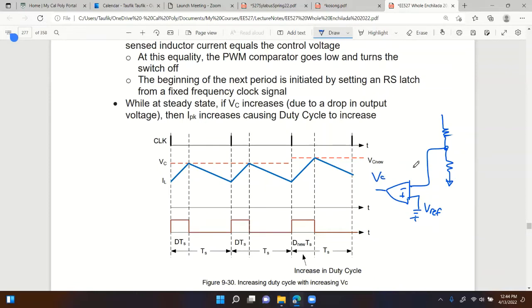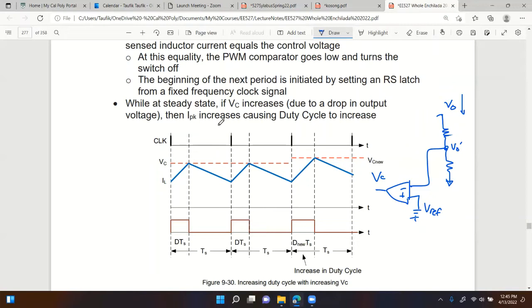When the output voltage drops, of course, Vout prime drops. Therefore, the difference between Vref and the sampled output voltage becomes bigger. So that would cause the duty cycle to increase.